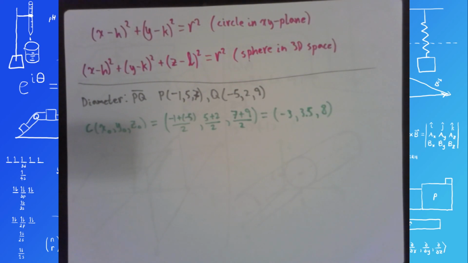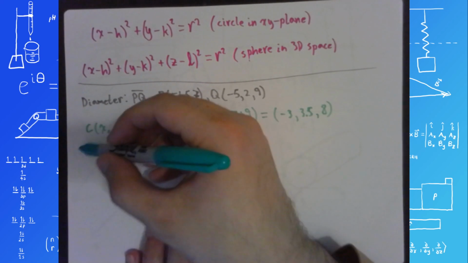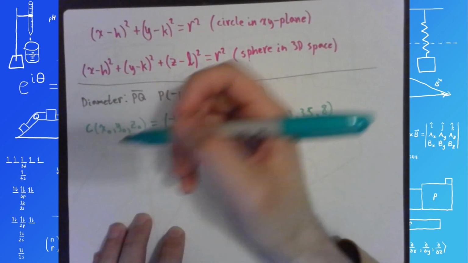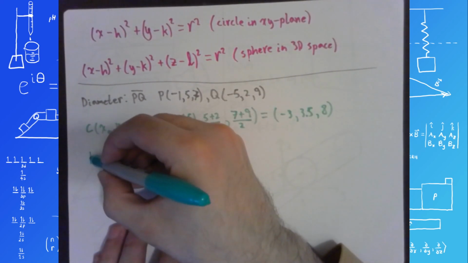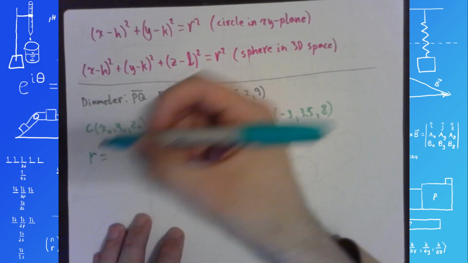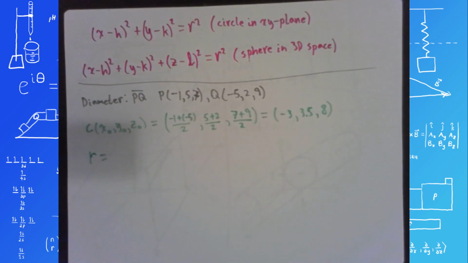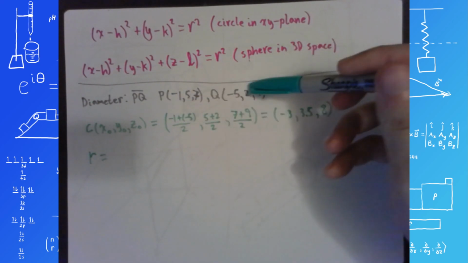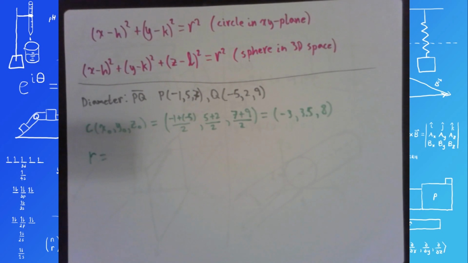Now for distance. Do we remember the distance formula? So radius is going to be equal to the distance from the center to a point on the surface of our sphere. We've got 2 different points on the surface of our sphere that we can choose from.